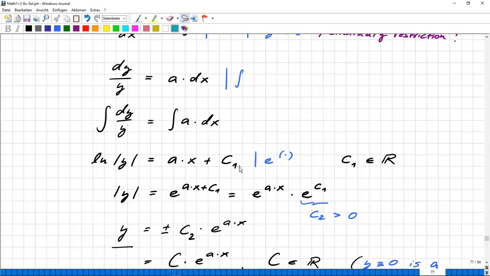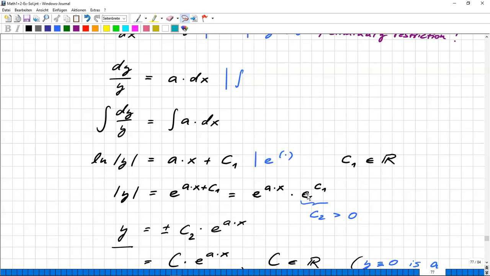And now it's interesting. While this constant c1 is element R, suddenly you could say it transformed to a certain factor, e to the power c1, but this factor isn't element R anymore, it is definitely positive. Why is it? Well, because exponential terms of this kind are always greater than 0. So that's an important effect.